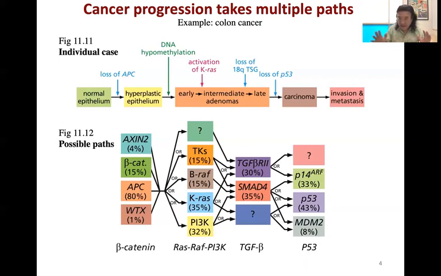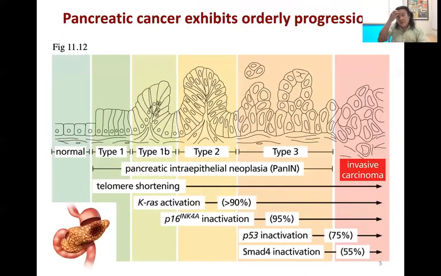But at the same time, the actual mutations that make it progress along this way can be varied. So many cancers have that type of variation. There's many meandering different routes to get you from point A to point B. Certain cancers, though, are more straightforward, like the example of pancreatic cancer.